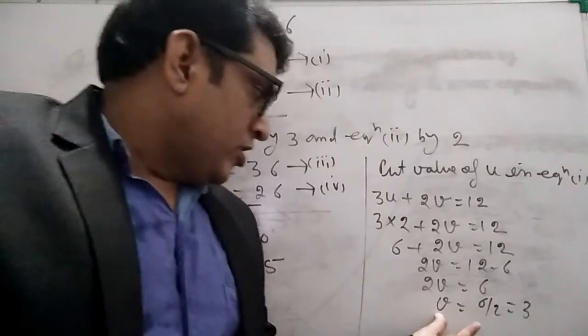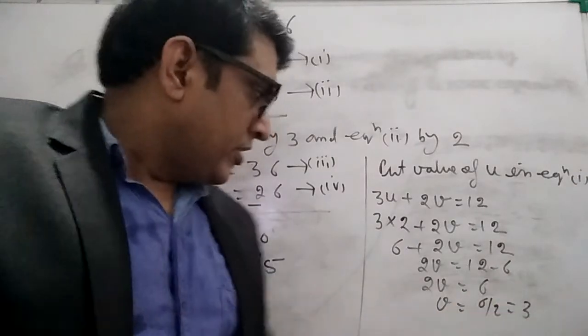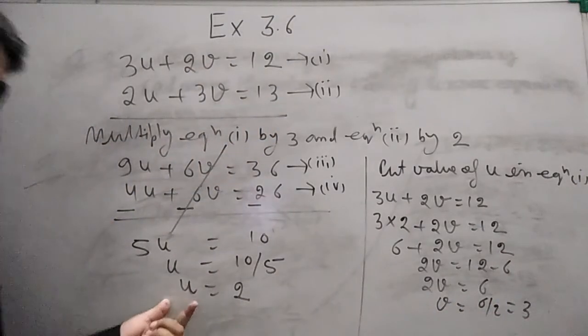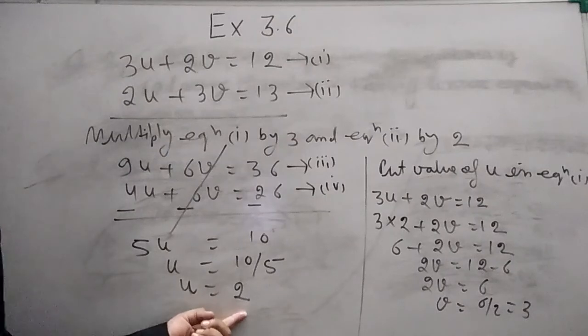Dear students, we got the value of v is 3. And we have also found the value of u is 2.